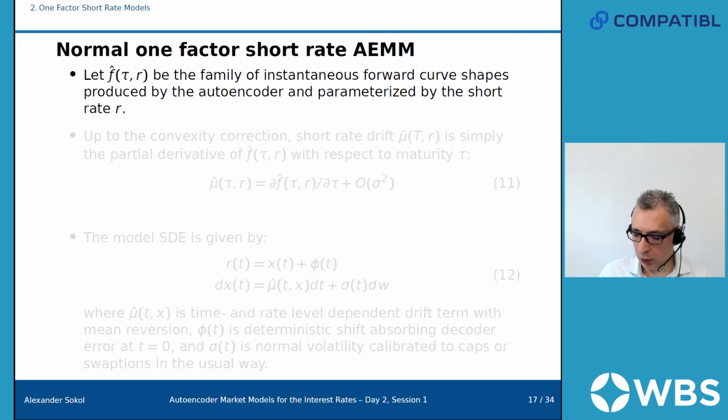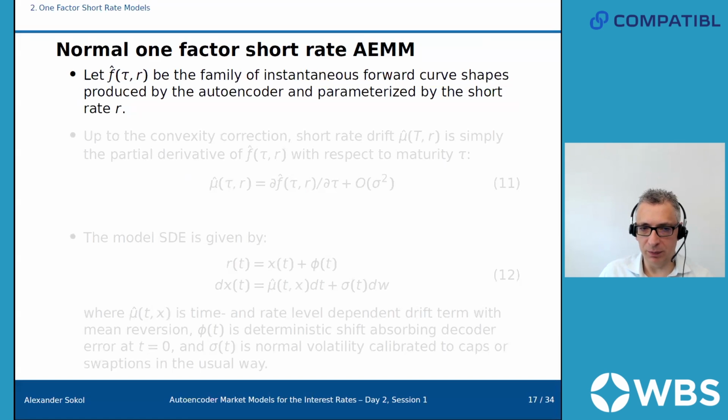All right, so how do we do that? Well, very simple, actually. Let f hat be a family of instantaneous forward curve shapes produced by the autoencoder and parameterized by the short rate. Because given that everything depends on one variable, we can say, without loss of generality, that our latent variable is a short rate. And in fact, it's of course not so latent, you can observe it.